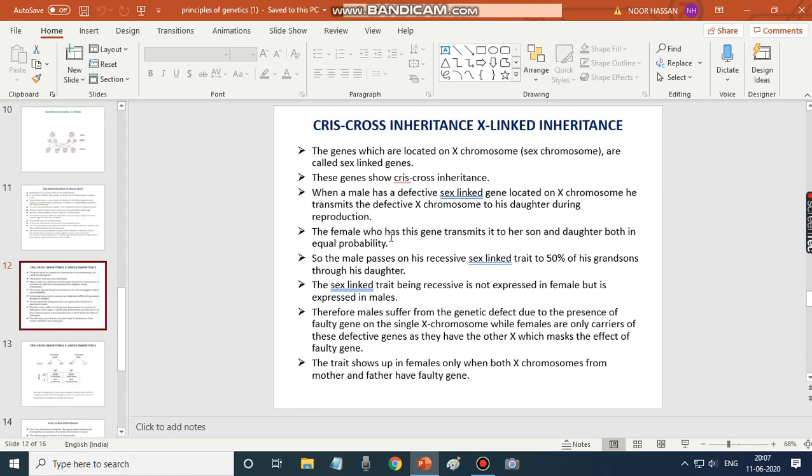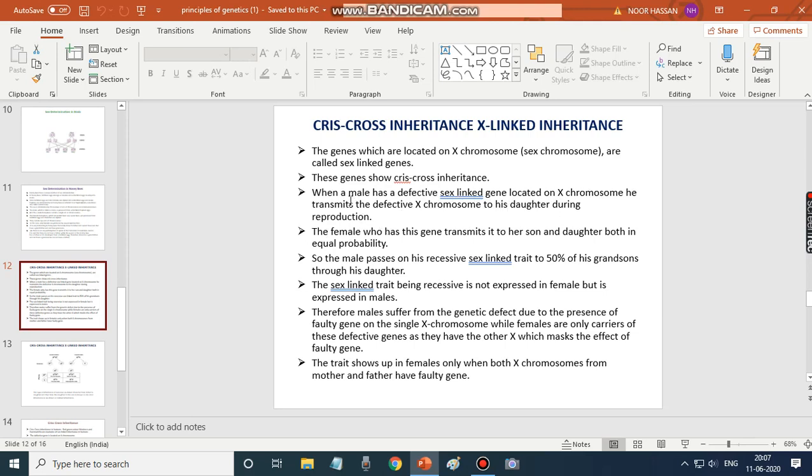It is about criss-cross inheritance or X-linked inheritance. The genes which are located on the X chromosome, that is the sex chromosome, are called sex-linked genes. These genes show criss-cross inheritance. When a male has a defective sex-linked gene located on the X chromosome, he transmits the defective X chromosome to his daughter during reproduction.